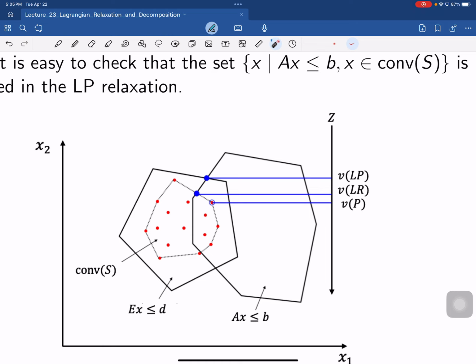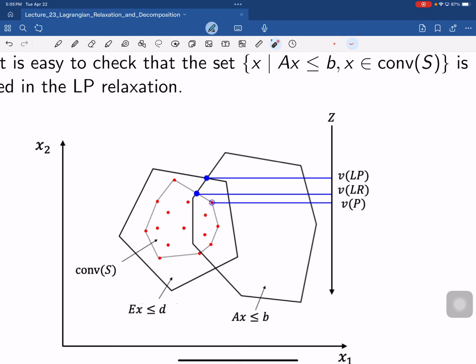So this is the value of the original problem. What is the value of the LP relaxation? It is very easy, because it is just one of the extreme points of this polyhedral set, which is this point here, that minimizes the LP relaxation.